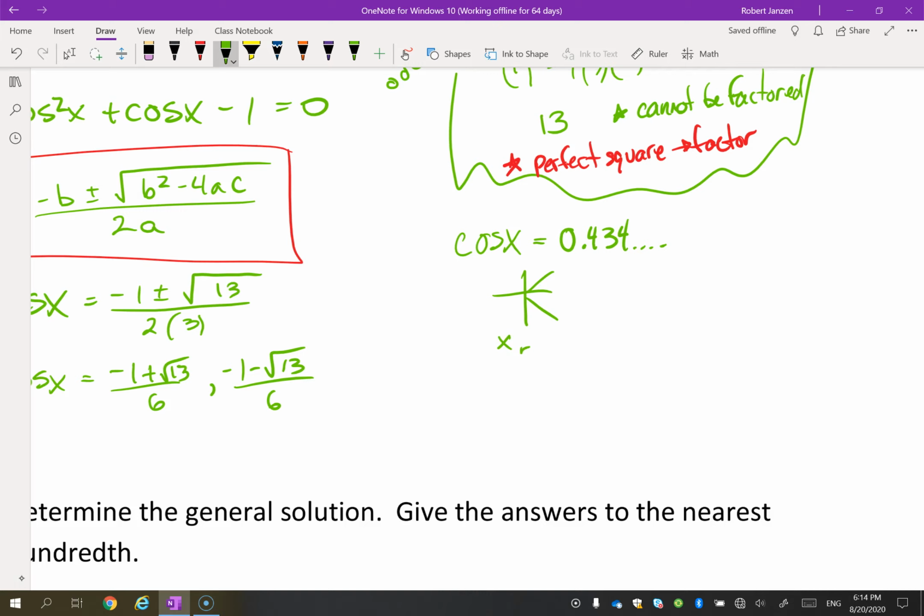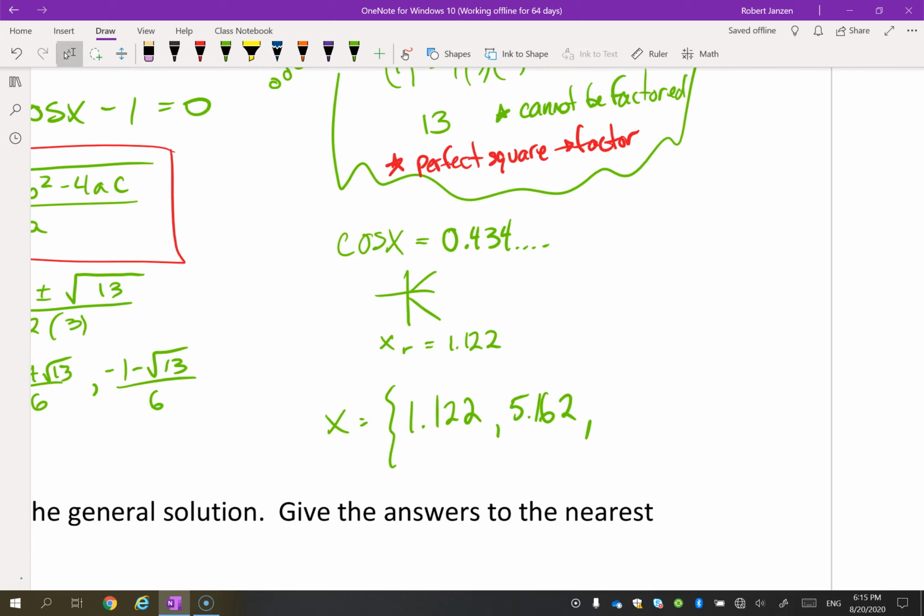What is the reference angle going to be? 1.122. So we're going to get 1.122, and we're going to get 5.162.